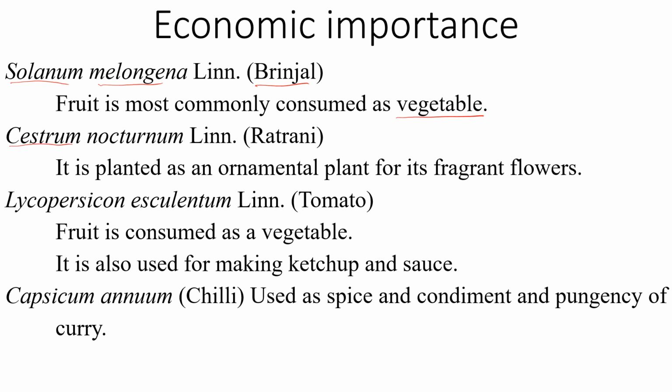Cestrum nocturnum, that is in Marathi called Ratrani, which is cultivated in garden as ornamental plant because it possesses fragrant flowers. Another plant is Lycopersicon esculentum, that is tomato, which is used as vegetable and to prepare byproducts like tomato ketchup and tomato sauce.